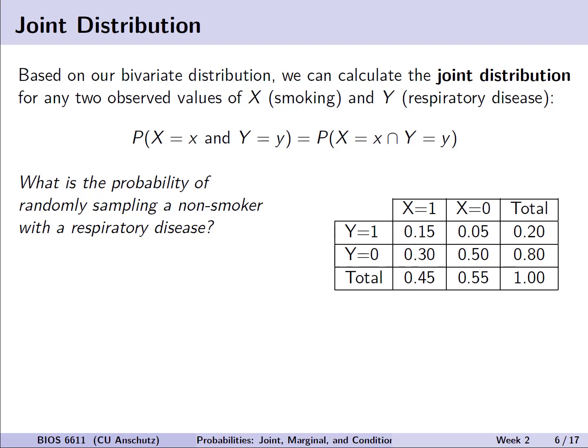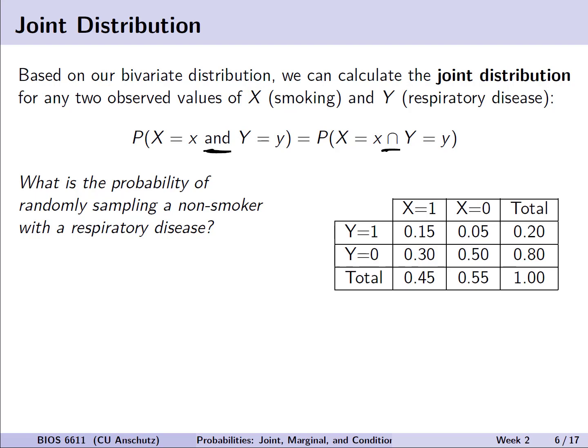In our probability notation, instead of saying the random variable x equals the observed lowercase x, and the random variable y equals the observed lowercase y, we actually have this essentially upside-down cap, the intersection symbol. That's just to introduce some terminology for probability that you may see in some textbooks or even online.